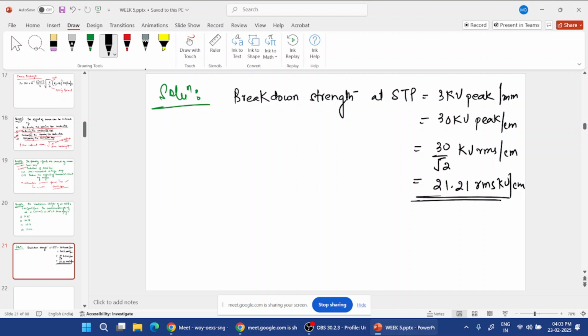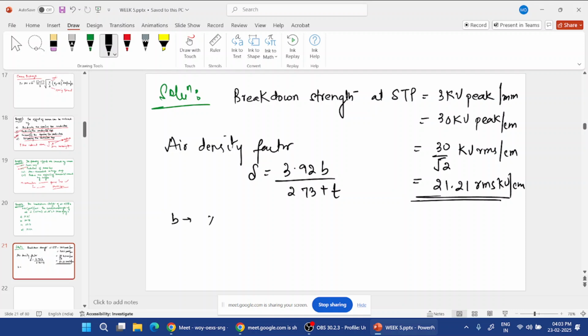So basically, we know that air density correction factor, last time we have, delta is equal to 3.92 B divided by 273 plus T. So now what we have to do here, we have to calculate what is B. B is the pressure in centimeter of Hg and T is the temperature in degree Celsius.